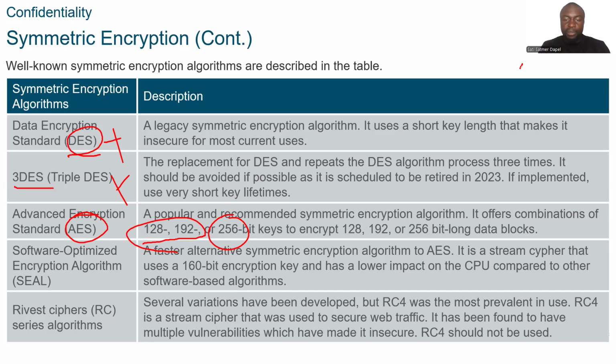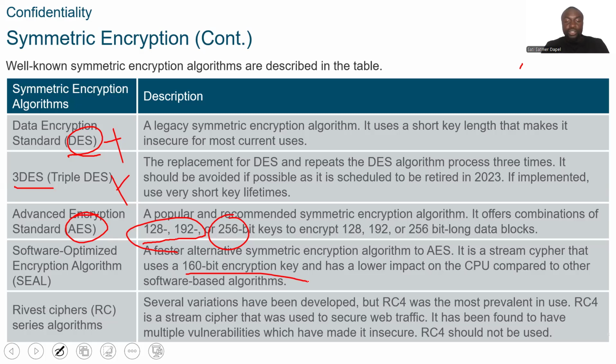Then you have software-optimized encryption, a faster alternative symmetric encryption algorithm to AES. It is a stream cipher that uses 160-bit encryption. All right. And then the last one, the Rivest ciphers, RC.